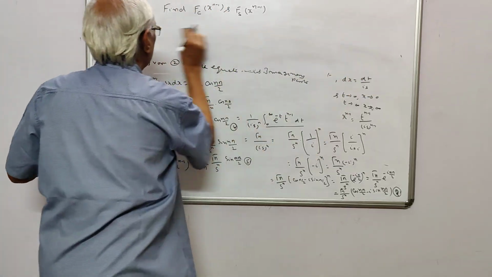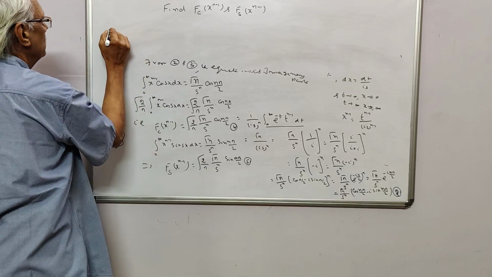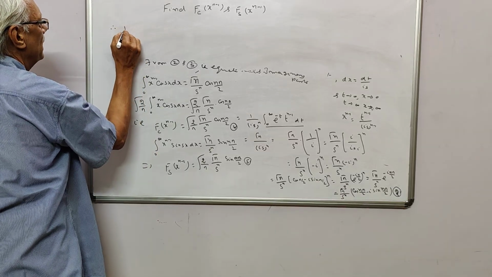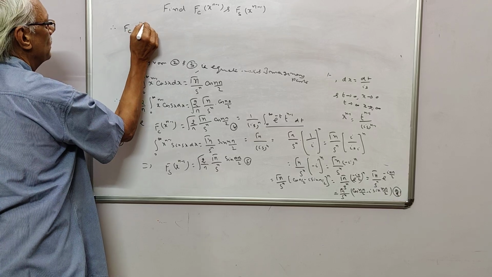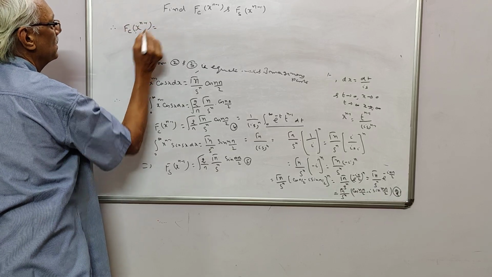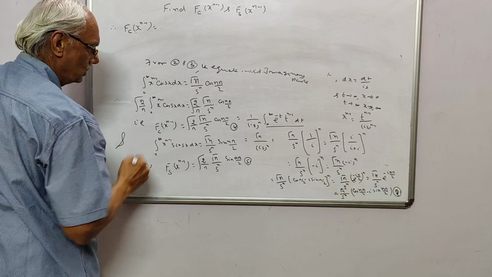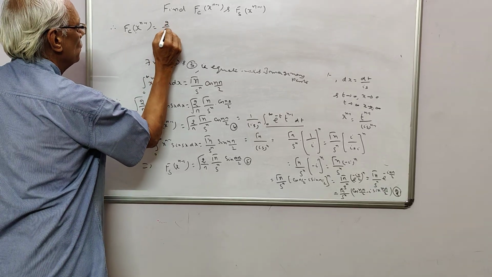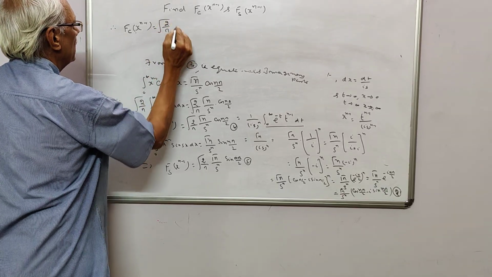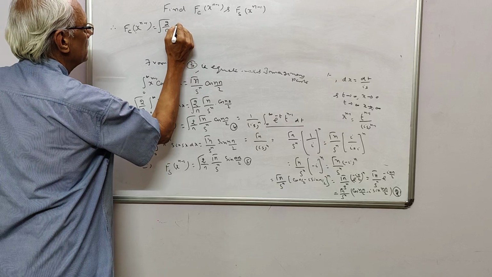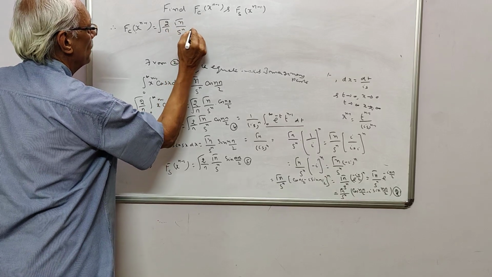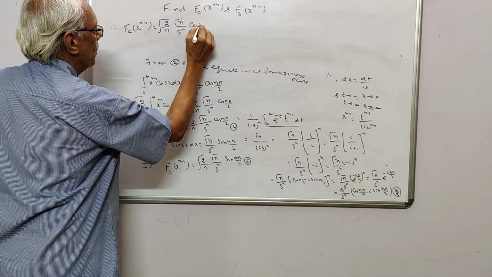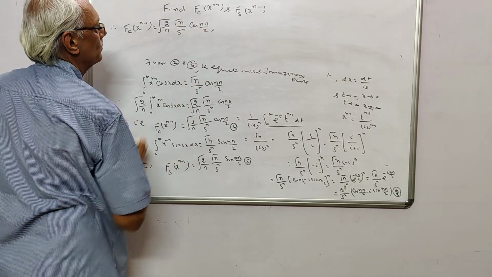Therefore, Fc of x to the power of n minus 1 is equal to 2 by pi into gamma of n divided by s to the power of n into cos n pi by 2.